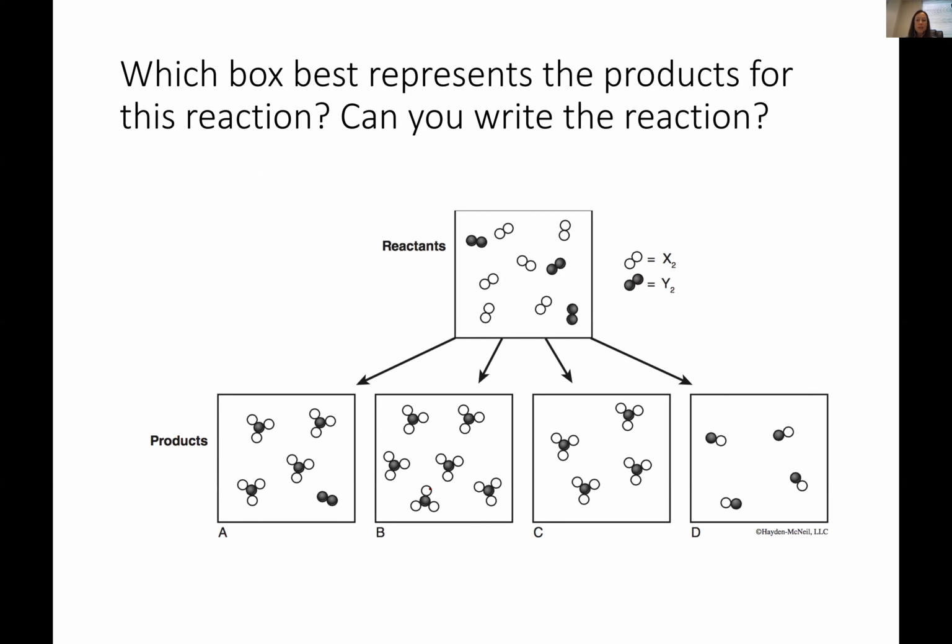So check this out. The boxes are labeled A, B, C, and D at the bottom. The reactants are in the initial box. The products are in the final box. This is a particular view of a reaction. So which one best represents the reaction that would take place here? And then can you write a reaction?